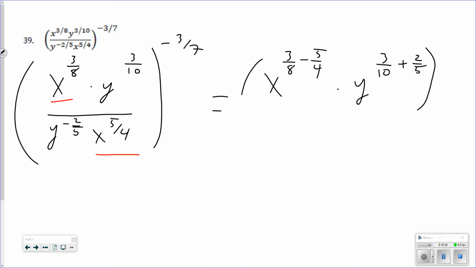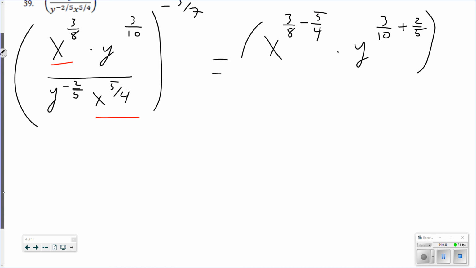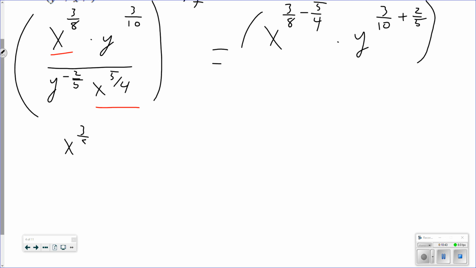Everyone with me? Because if it's top and bottom, you're subtracting them. Because if you have x to the 3/8, to move to the other side, you can just say it's x to the 3/8 times x to the negative 5/4. Yeah, that's why.